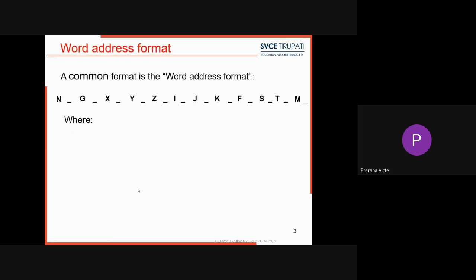CNC programming is one of the important topics in computer integrated manufacturing. So what does CNC programming mean?